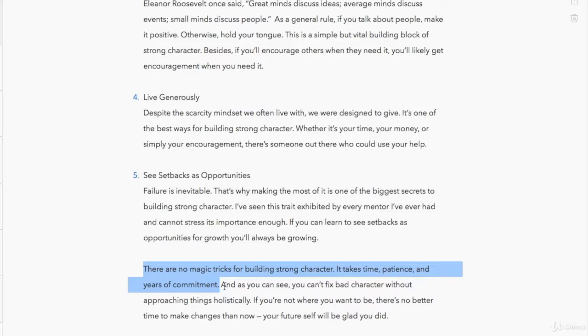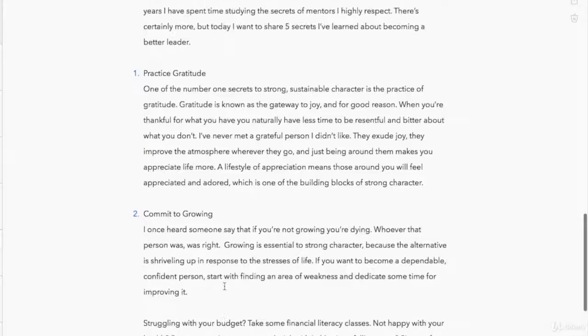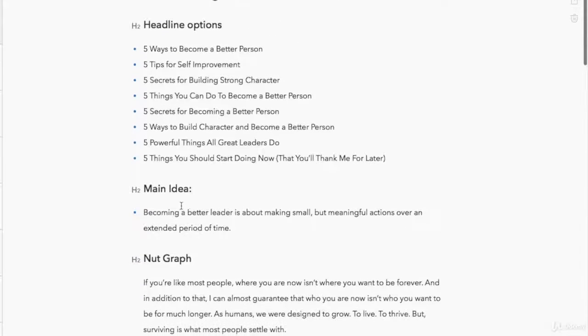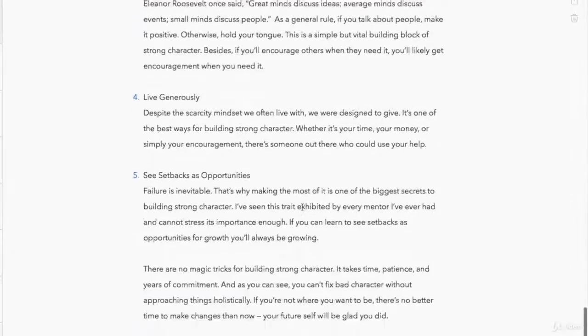I'm still transitioning out of my supportive points by actually making a connection back up here to my nutshell paragraph and my main idea, which, as you remember, is becoming a better leader is about making small but meaningful actions over an extended period of time. Does that sound very close to this? It does, doesn't it? It says it takes time, patience, and years of commitment.